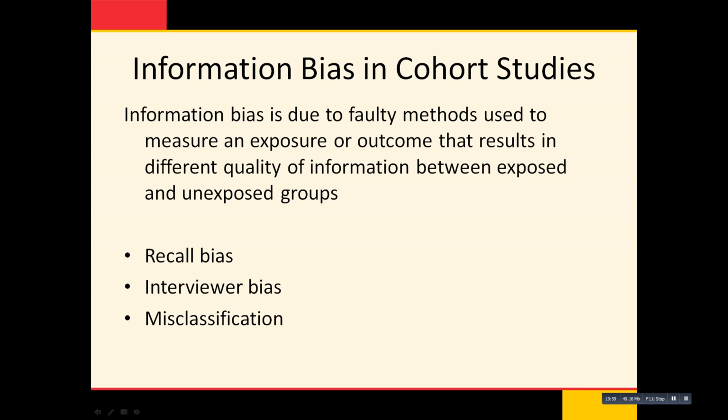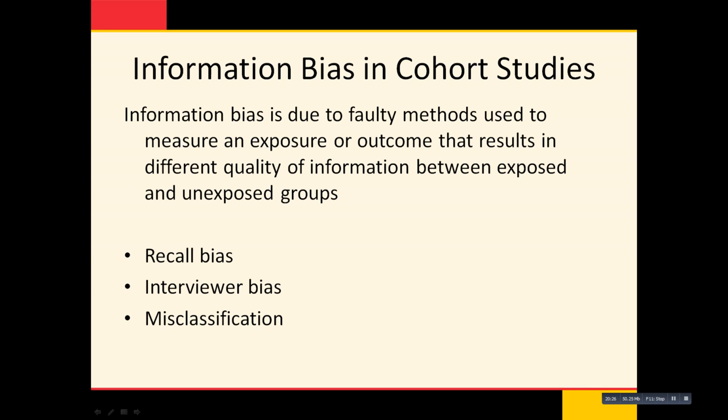So interviewer bias, another type of information bias, is a systematic difference in soliciting, recording, or interpreting information that occurs in studies using in-person or telephone interviews. Let's use the same situation, group A exposed to drug A and group B unexposed. Let's say the interviewers knew that drug A was associated with a disease.